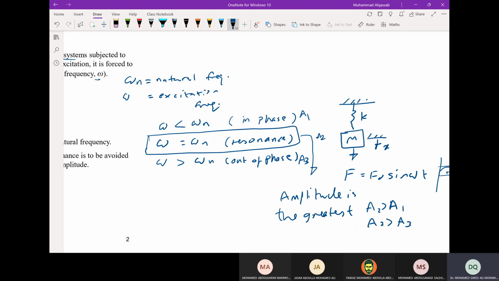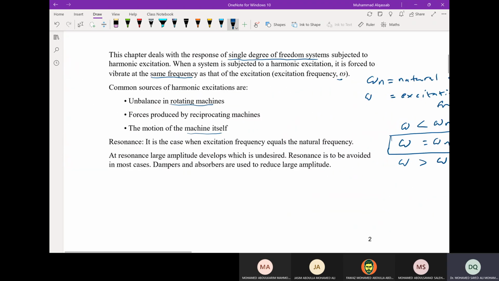This A2 is the greatest amplitude that can occur. You are not changing F naught here. Suppose F naught is the same, that is the amplitude of the force. The effect of omega on the amplitude will be greatest when omega equals omega n. That is called resonance, and that is the most dangerous case.